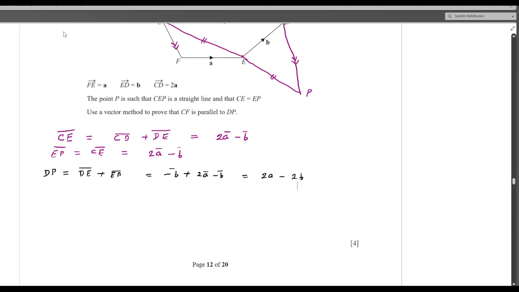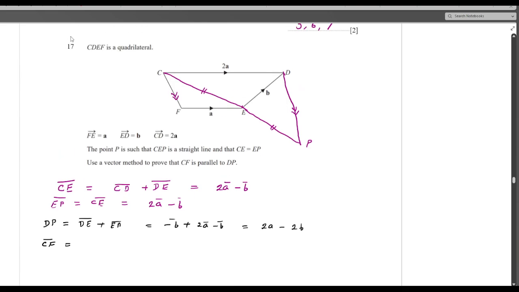And if I find CF, vector CF is vector CD plus vector DE plus vector EF.